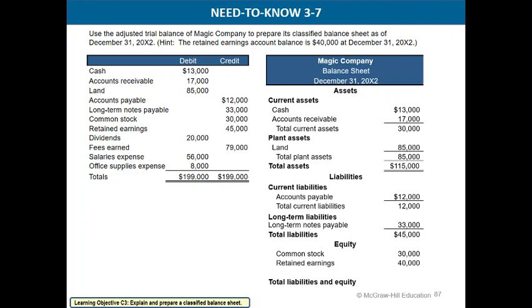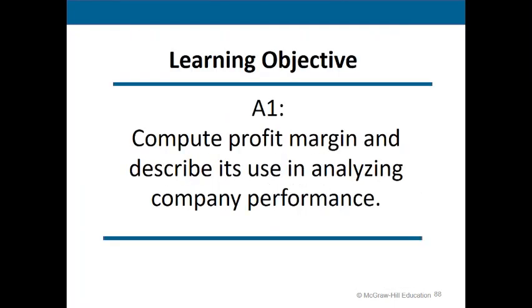Same for liabilities. You divide between current liabilities and long-term liabilities, and then you have your equity amount. And then the sum of total liabilities plus equity is going to be total liabilities and equity. All right, so that's it for chapter 3.